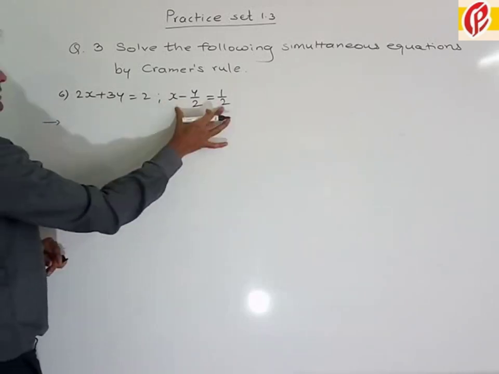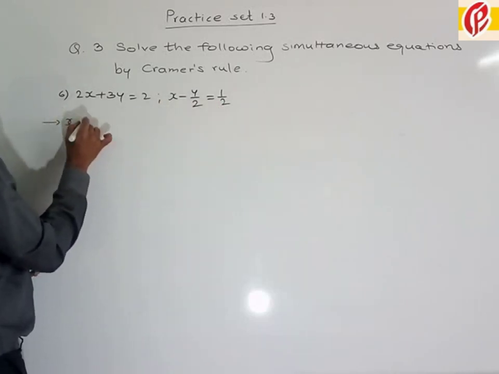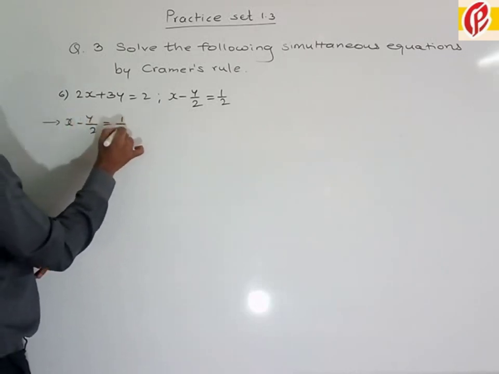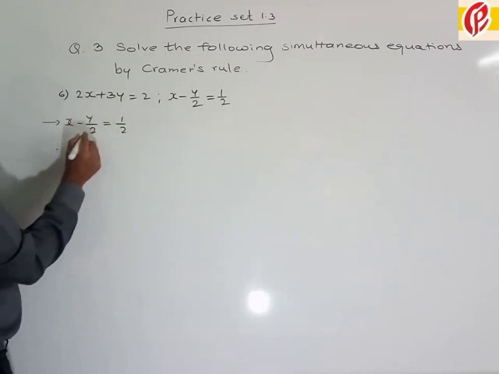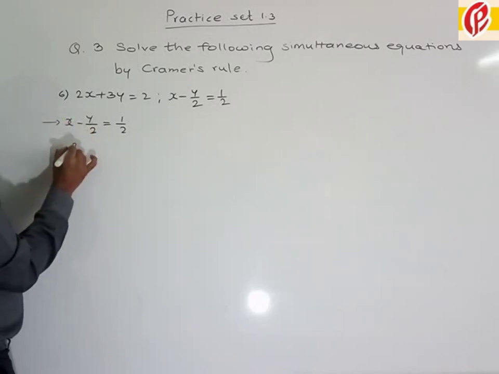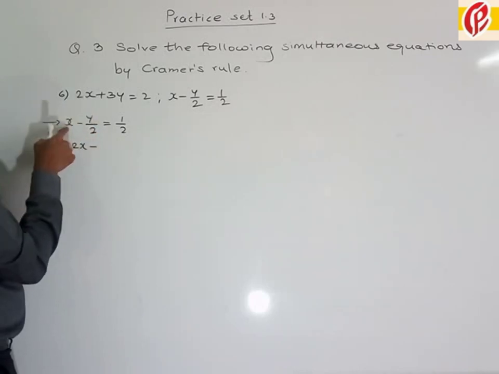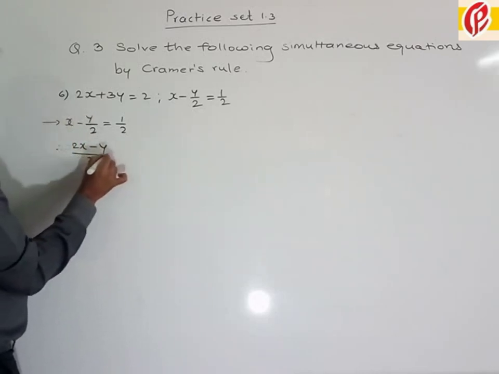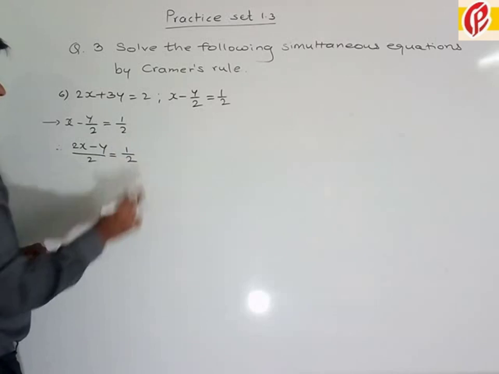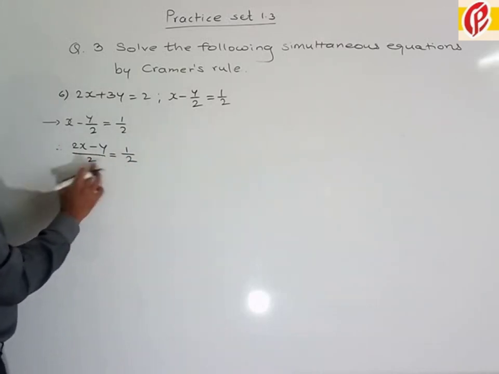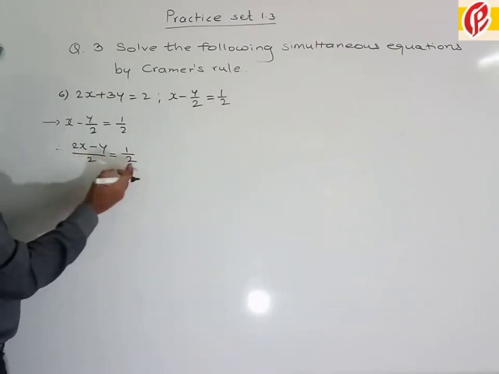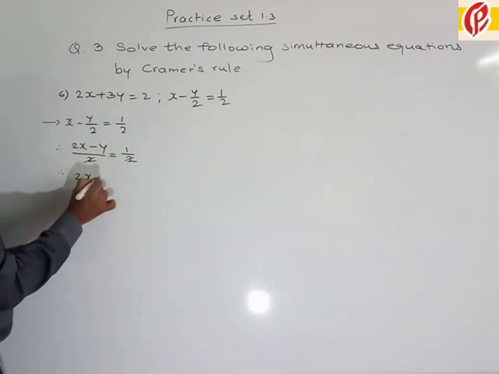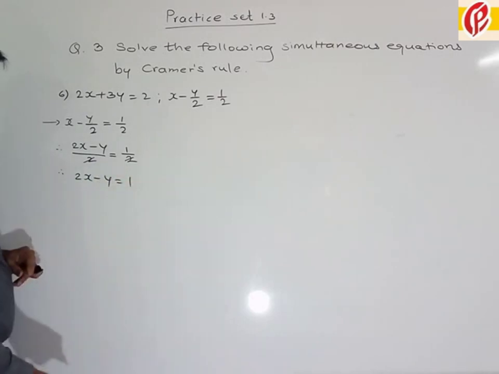So first I will write this equation, x minus y upon 2 is equal to 1 upon 2. Then cross multiplication: 2 into x, 2x minus y into 1, upon 2 is equal to 1 upon 2. Both have the same denominator but they are on opposite sides, so we can cancel them. So we get the simple equation, that is 2x minus y is equal to 1.